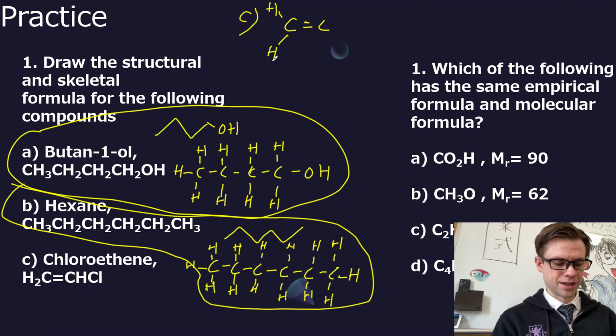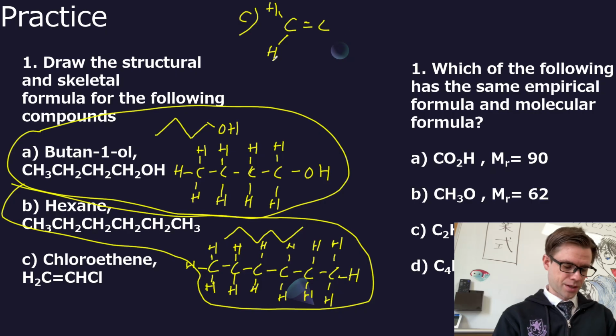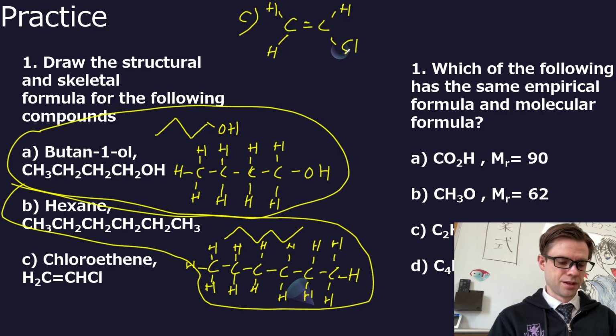You can draw them at an angle like this to represent its sp2 trigonal planar geometry. The other side though has 1 H and another Cl in the other position. Okay, so that's the structural formula.